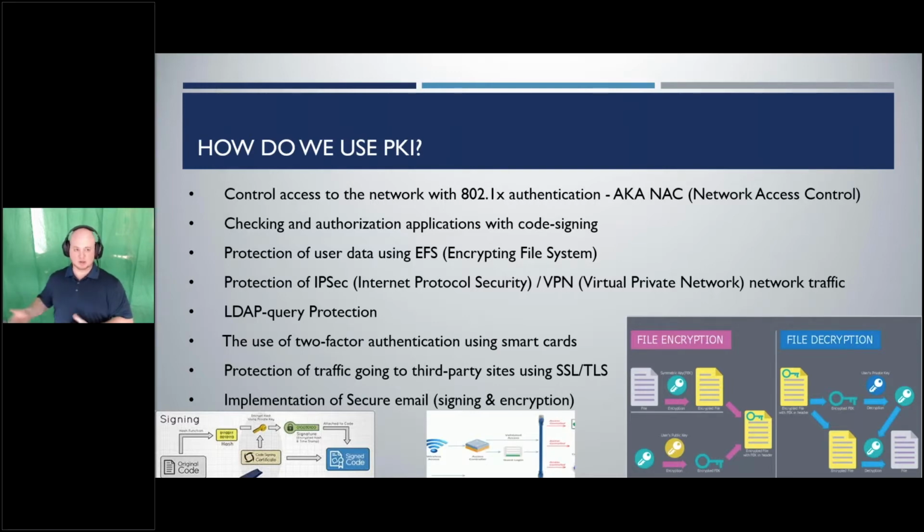So 802.1x authentication is going to leverage a PKI to get a client, a device, onto the wired or wireless connection. We use it for checking and authorizing applications, specifically code signing. So when you run that new application on your computer for the first time, it's usually authored and signed by some PKI at some point in its development process.